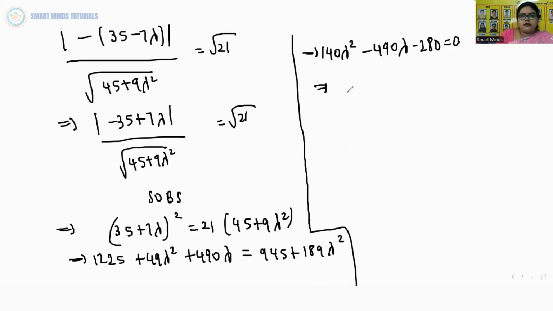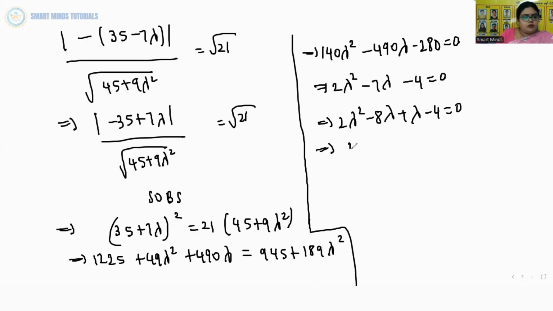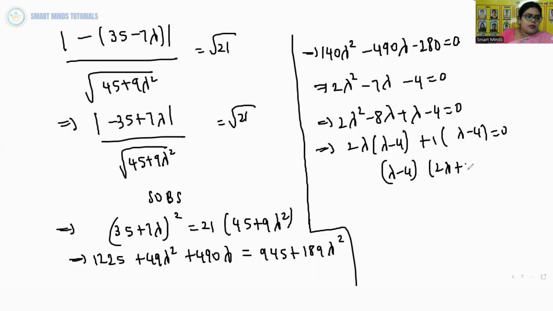If we take 70 common, you get 2 lambda square minus 7 lambda minus 4 equals 0. We can write it as 2 lambda square minus 8 lambda plus lambda minus 4. Taking 2 lambda common, you get lambda minus 4, and taking 1 common, you get lambda minus 4. So lambda minus 4 into 2 lambda plus 1 is equal to 0. So the lambda values are minus 1 by 2 and 4.